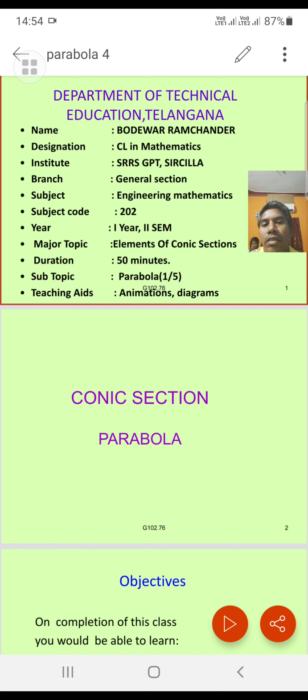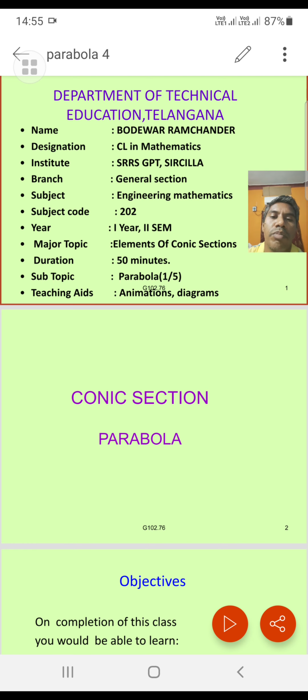Direction change means the values change from positive to negative or negative to positive. So there are mainly 8 forms. The first 4 forms have vertex (0, 0). In the remaining 4 forms the vertex is (h, k). So if you understand the first form, you can easily understand the remaining 7 forms, because the condition is the same.